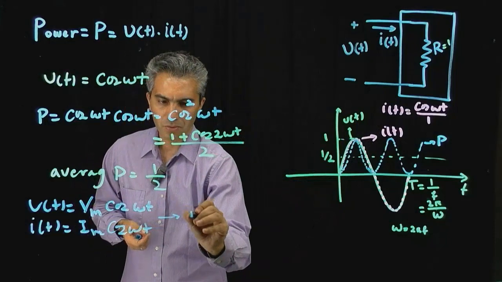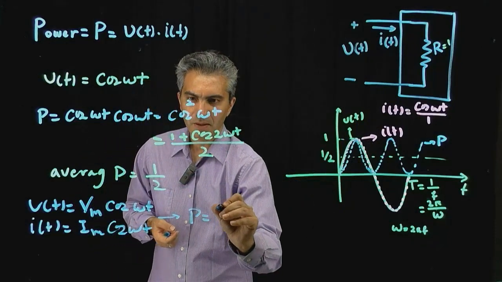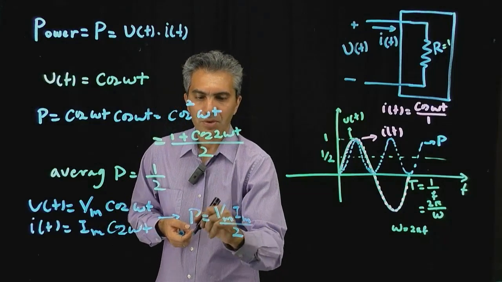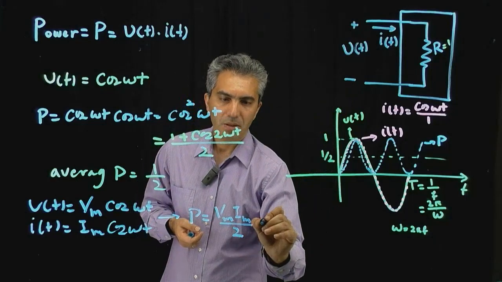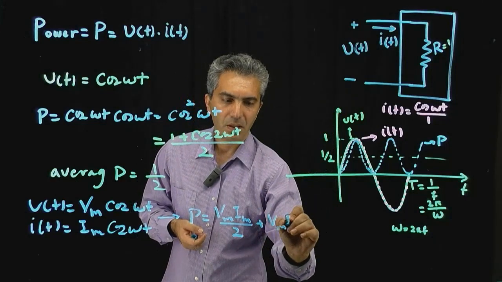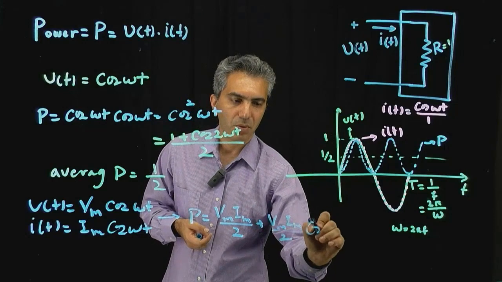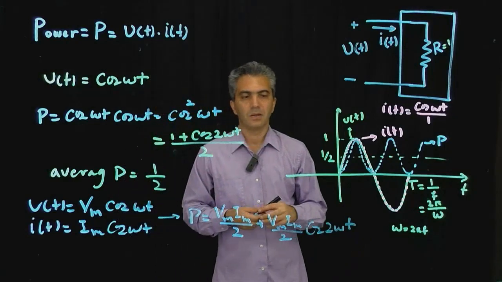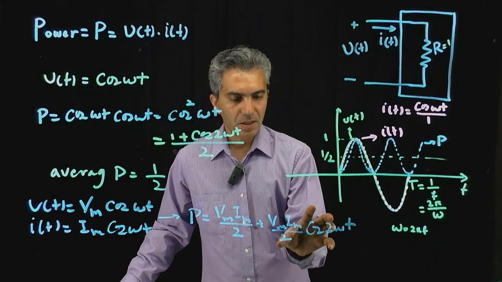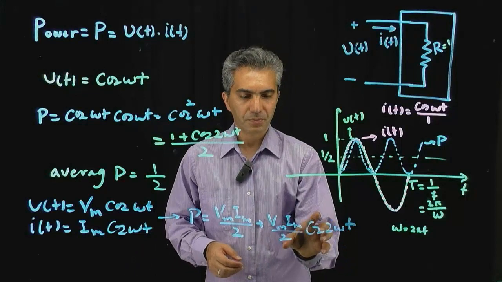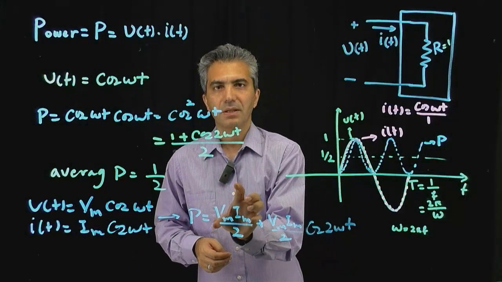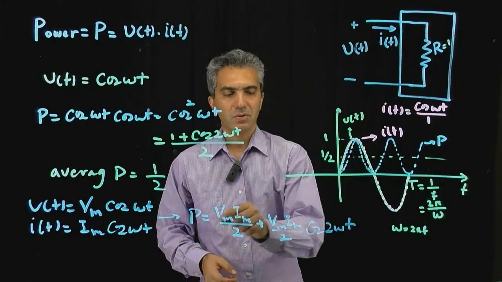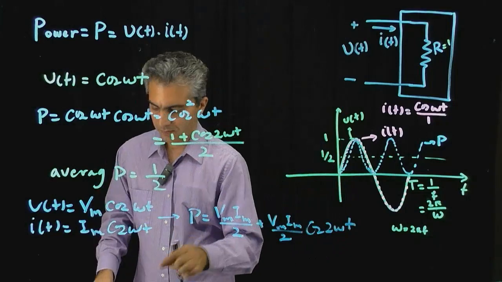And then if you multiply the two by each other, you get Vm Im divided by 2, which is the average power that is consumed here, plus Vm Im divided by 2 cosine 2 omega t. So this portion of the signal is the variable portion. This portion of the signal is the average. And adding them to each other gives you the instantaneous value of the power.